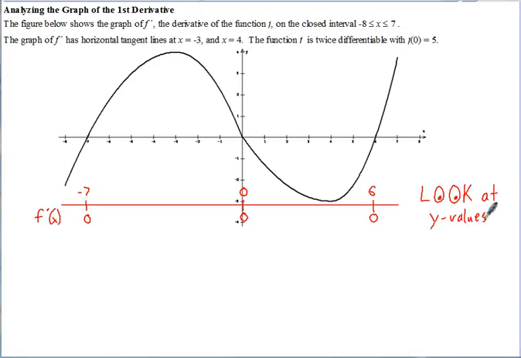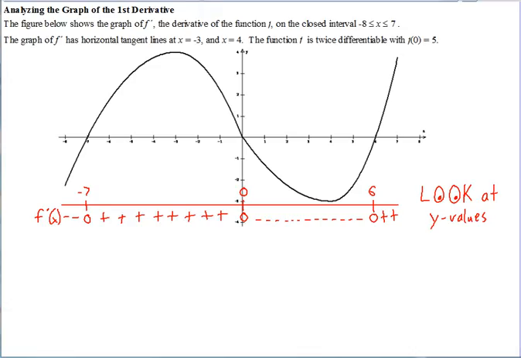From -8 to -7, these y values are all negative, below the x-axis. From -7 to 0, they're all positive, above the x-axis. From 0 to 6, they're all negative, below the x-axis. And from 6 to 7, the y values are all positive, above the x-axis.